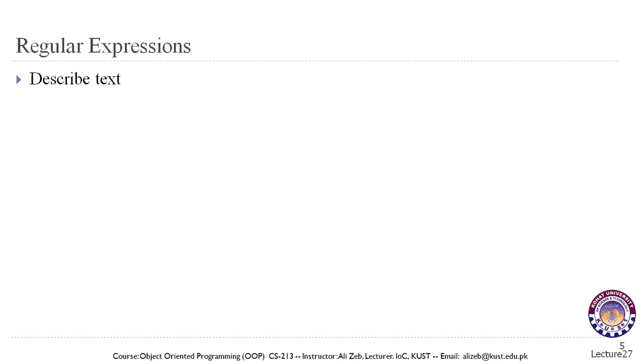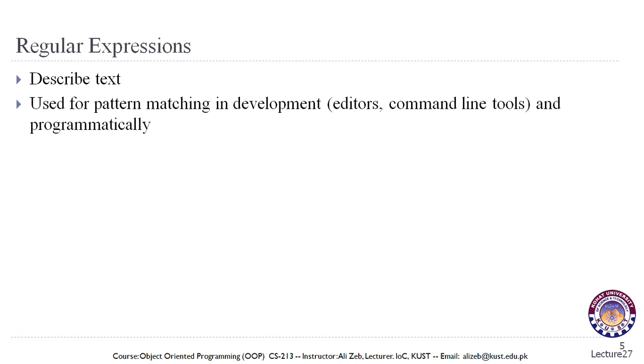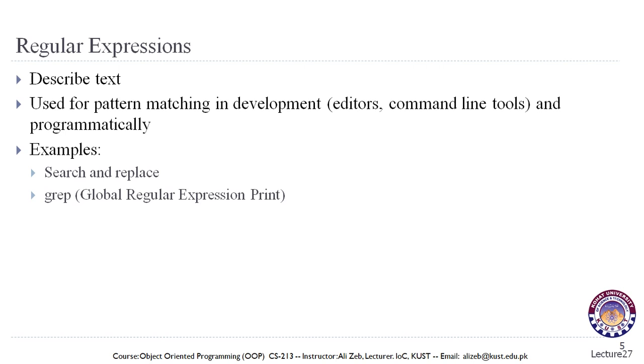As we said, it describes text, used for pattern matching in development, mainly editors, command line tools, and programmatically. Examples can be search and replace, grep tools, and regex in languages. For example, most or all of the programming languages use regular expressions.